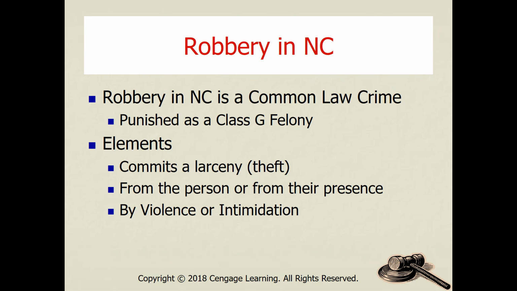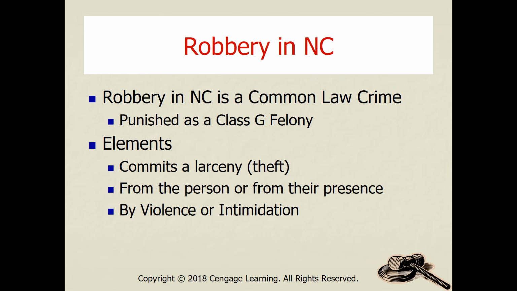So what are the elements? Well, first of all, you have to commit a larceny. It has to be you're stealing something. So you commit a larceny or a theft, and it is from the person or from their presence. Now, person is something that obviously is touching them, is part of what they're wearing, part of what they're holding, but even close by, something immediately under their control.